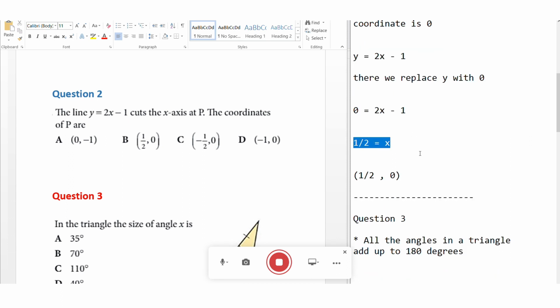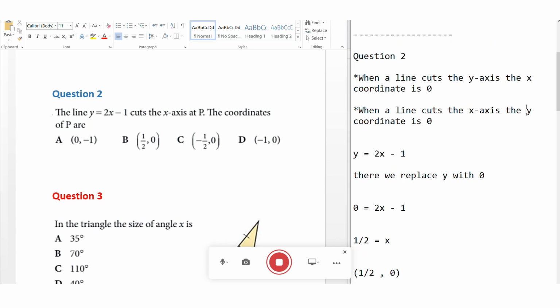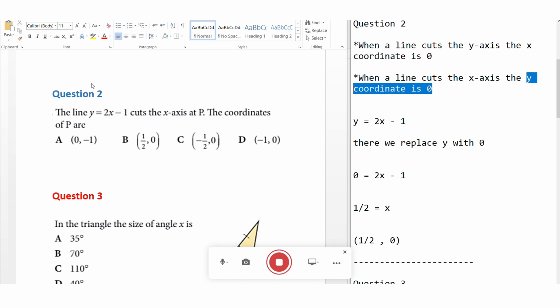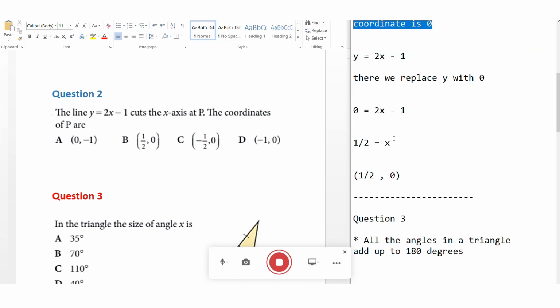Now they ask us for the coordinates of P. Remember when you're stating the coordinates of a point, you need to put the x first, which is a half, and the y second, and they're separated by a comma and they go in brackets, right? Remember, how did we get this 0? The y coordinate is automatically 0 because this particular line is cutting the x-axis, right? So the answer for this one would be, it looks like the answer is B, right? Question 2 is B.